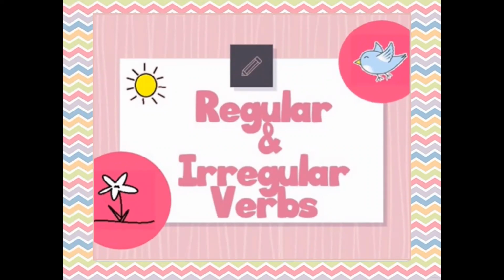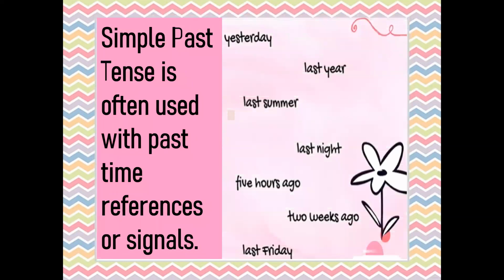Right, students? You all will be able to articulate, recognize, and use forms of simple regular verbs and some irregular verbs. Now let's see first, what is simple past tense?